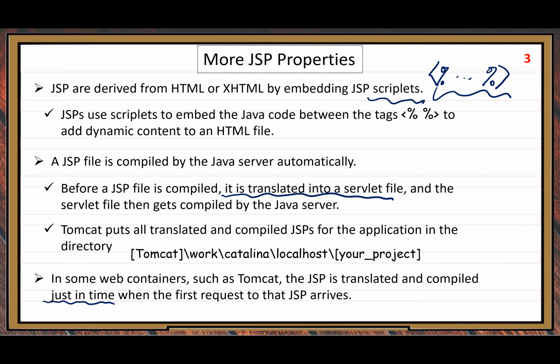Think about those steps. So you can see that the user needs to wait a few seconds. How long do you need to complete those steps? The translation step takes time.